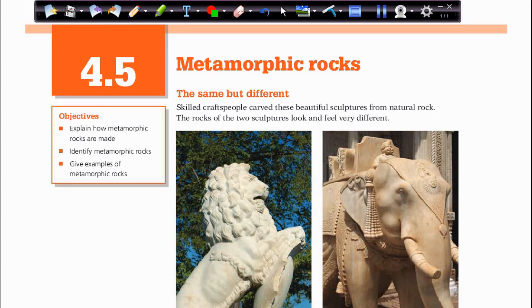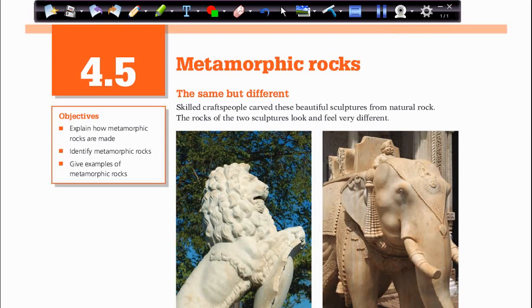We have sandstone, claystone, mudstone, and limestone. Today we will study about metamorphic rocks, and we will see how do they form and what are the types of this kind of rocks. So please open page 60 and grab your highlighter and follow me.